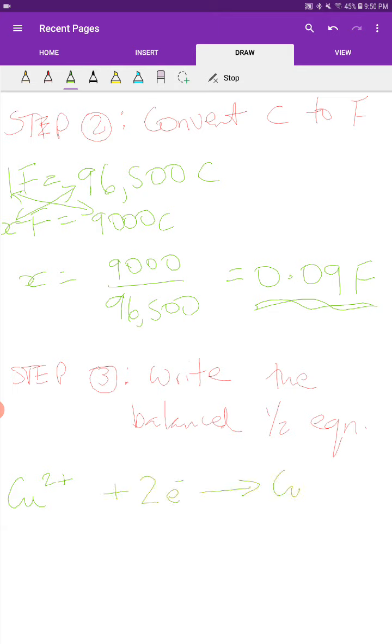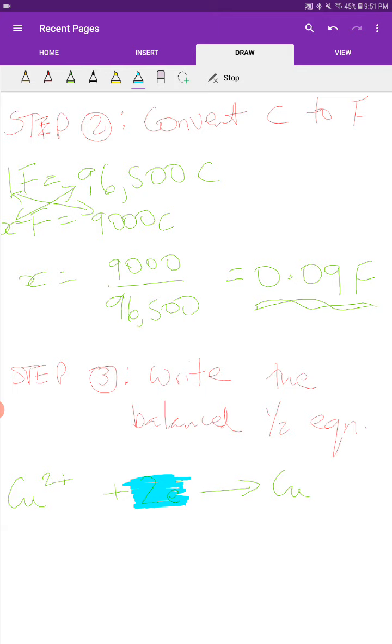Based on the second law, the simplified way I encourage you to think about it, based on the CXC syllabus, I've never seen them ask a student to state any of the Faraday's laws. So the simplest way to think about it is, however many moles of electrons that you have, that is what tells you the number of Faradays that you have.